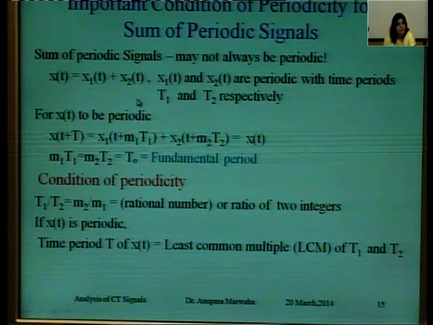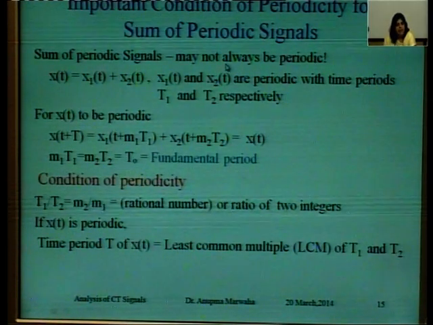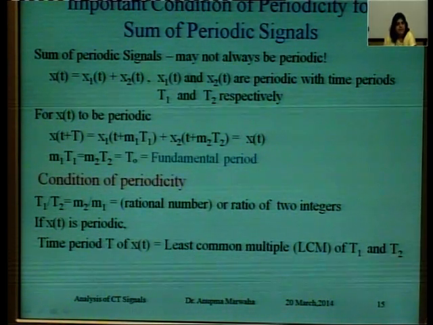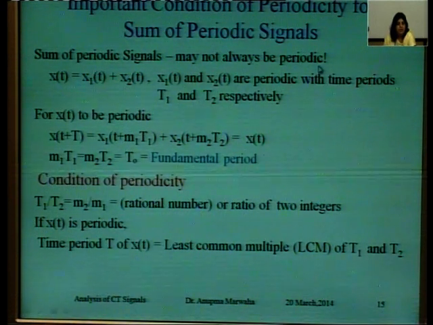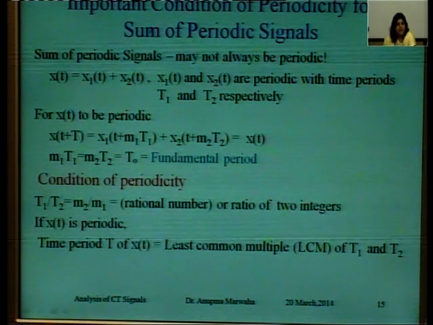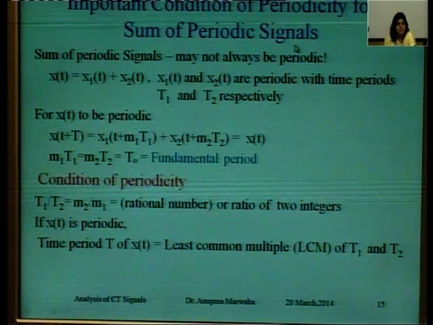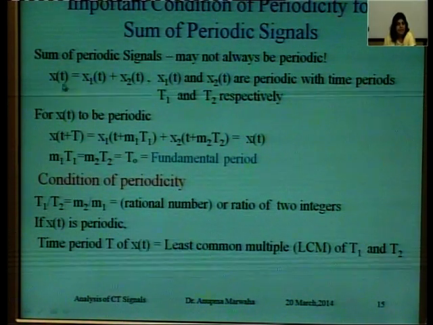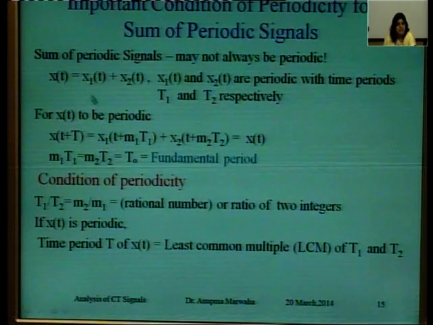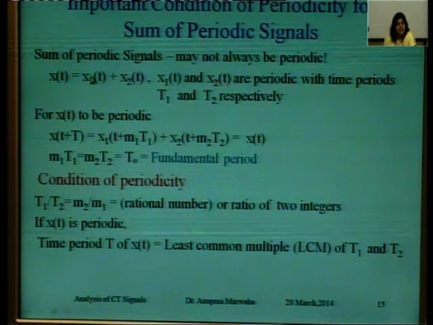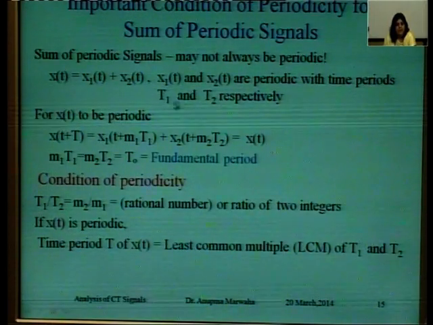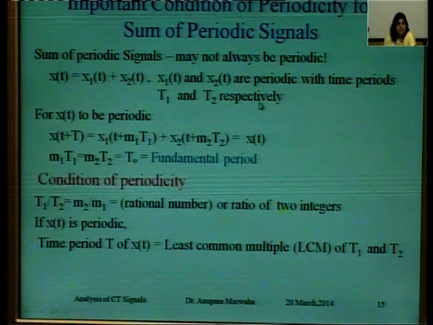Now, is the sum of periodic signals always periodic? No, the sum of periodic signals may not always be periodic. So, we have to find out the condition of periodicity for the sum of periodic signals. Let x(t) be the sum of two periodic signals x1(t) and x2(t) with time periods t1 and t2 respectively.